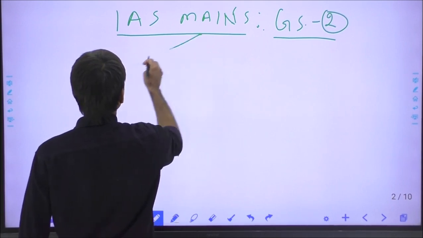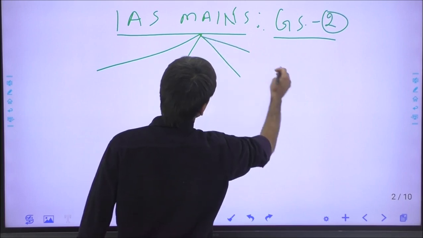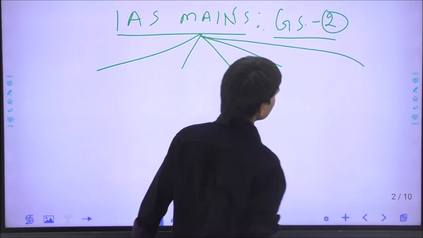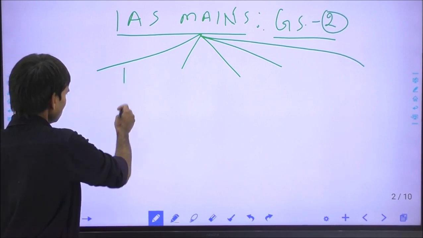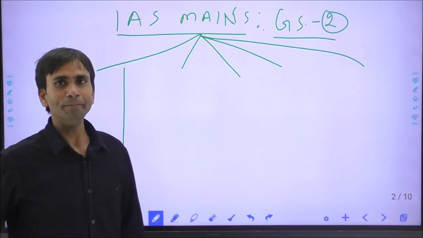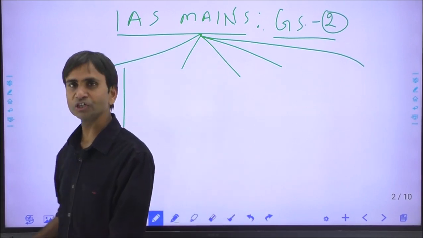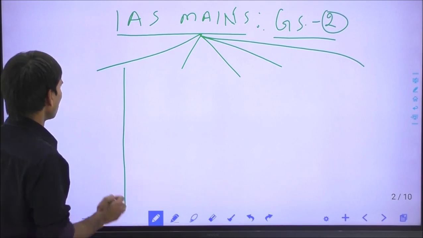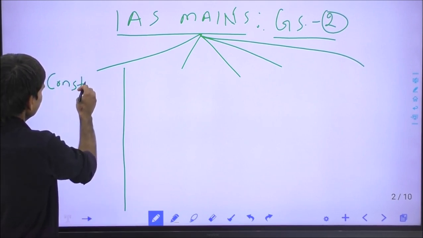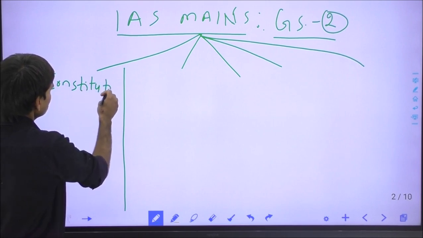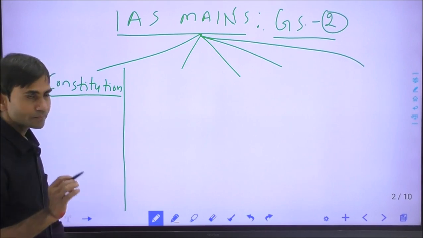I have classified the different topics which are mentioned by UPSC in the syllabus of the question paper. First, UPSC requires basic information or knowledge about the Indian Constitution and its background. So, we have to discuss some topics about the Indian Constitution.